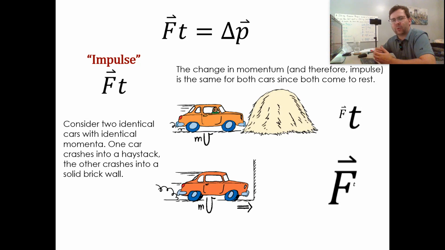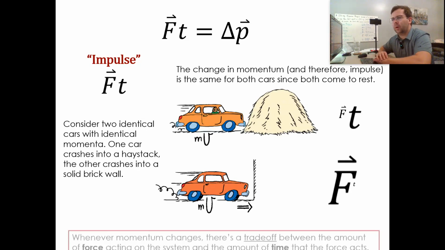If you multiplied the force and the time together, you would still get the same number. It's the same amount of impulse, but what matters is the force is a lot lower for the haystack than it is for the solid wall. And so if you're in the car, it's better to have less force acting on you, and you're safer to crash into a haystack rather than a brick wall.